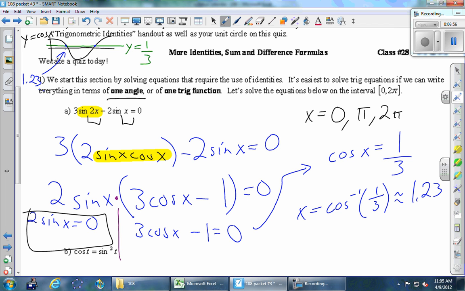I need the other answer. Everybody see the 2 pi minus? So then the other answer is 2 pi minus 1.23. Somebody have a number for me? Thank you.